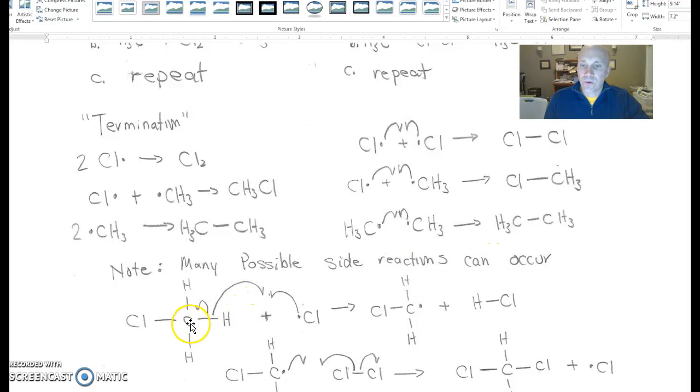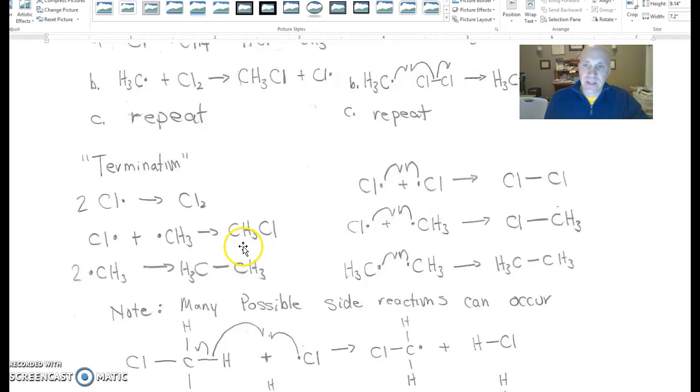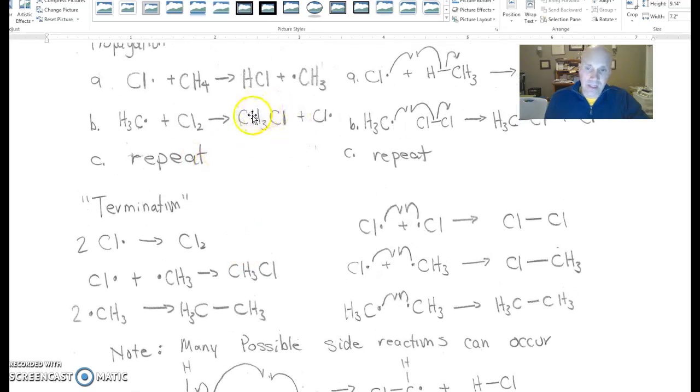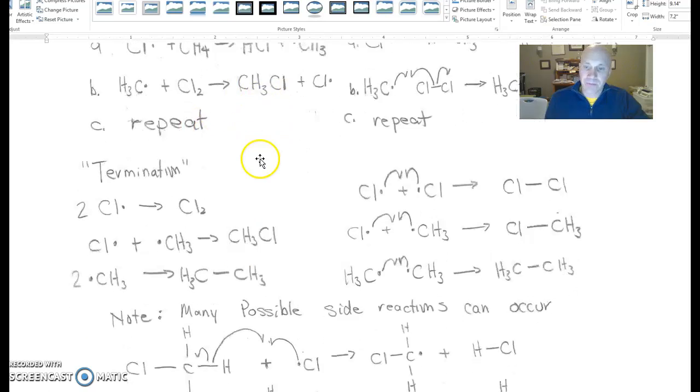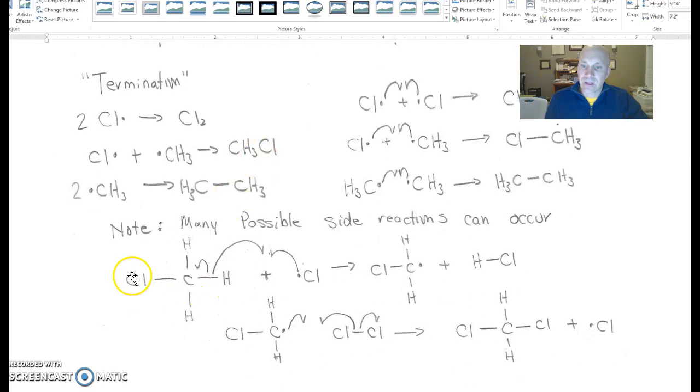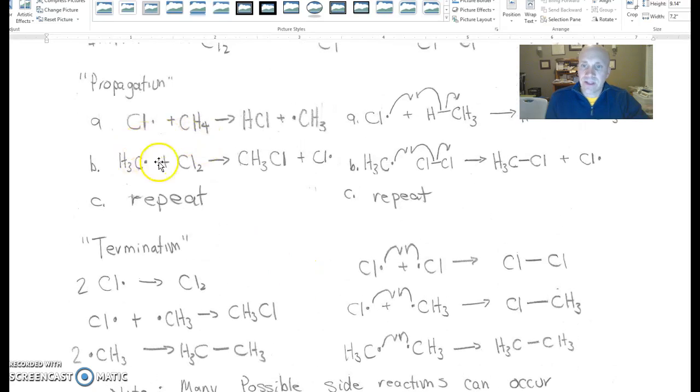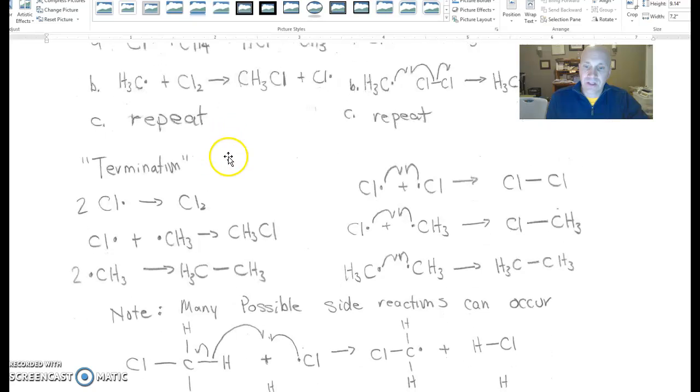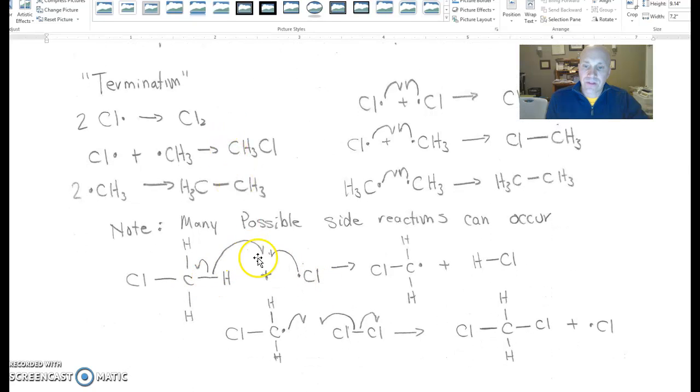For example, notice one of the things that gets made in this reaction is chloromethane. I've drawn a chloromethane right here. If you're doing this reaction, would that thing be in the presence of this chlorine radical? This chlorine radical is going to be hanging around, and instead of reacting with the methane like we showed in these propagation steps, could it react with this guy right here?